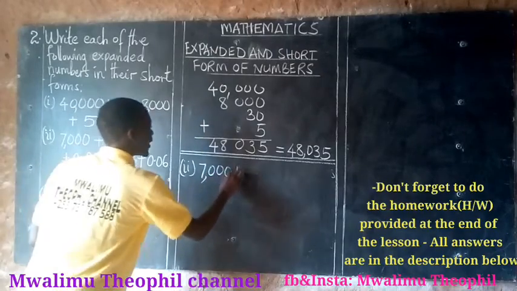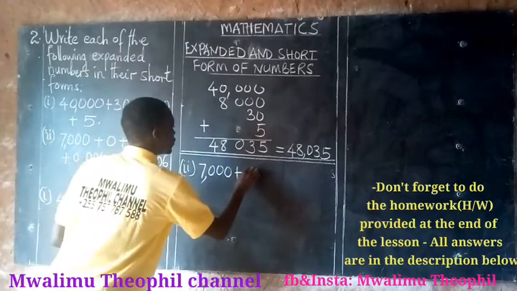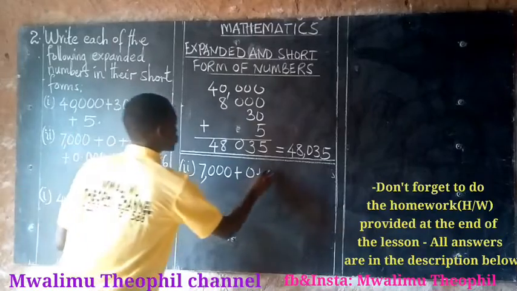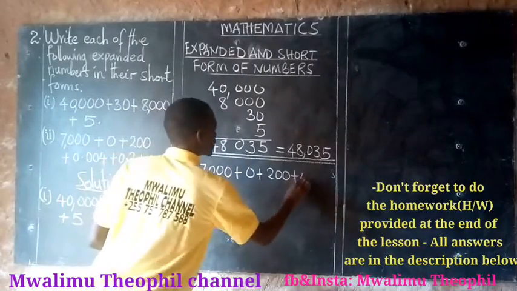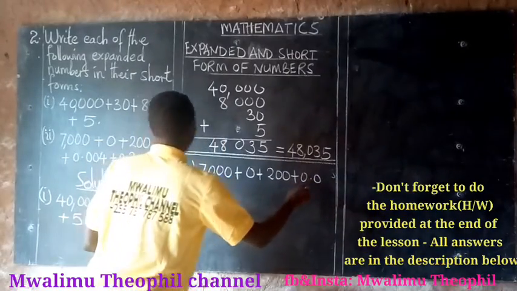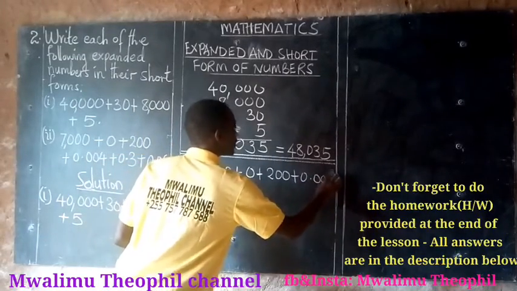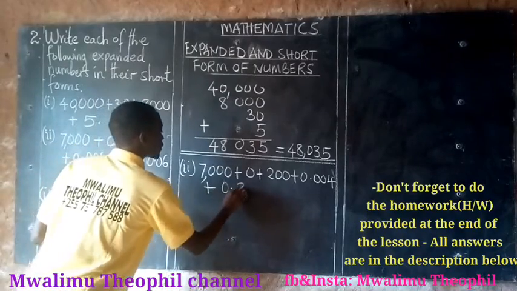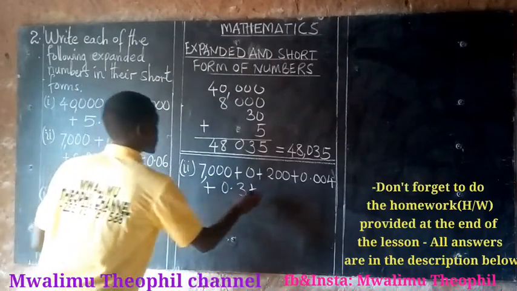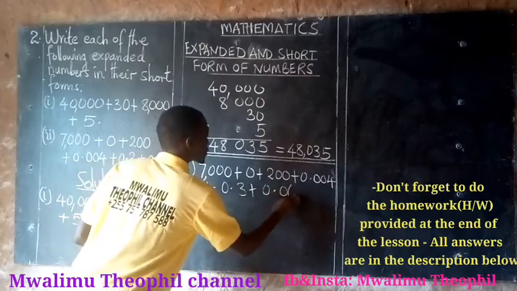7,000 plus 0 plus 200 plus 0.004 plus 0.3 plus 0.06.